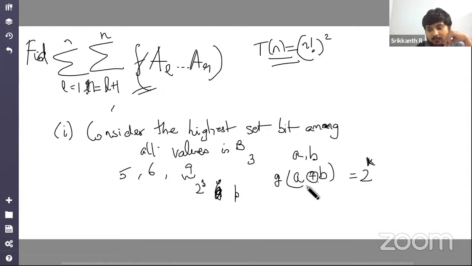If both a and b have p, then g of a, b will not have 2 power p, because the p bit will be set in both a and b, so a XOR b will vanish that bit, and this will be something less than 2 power p in that case.